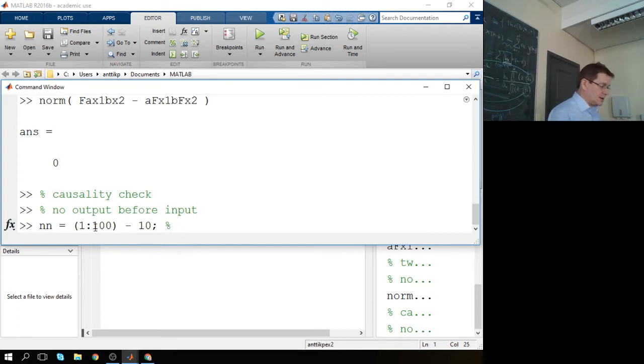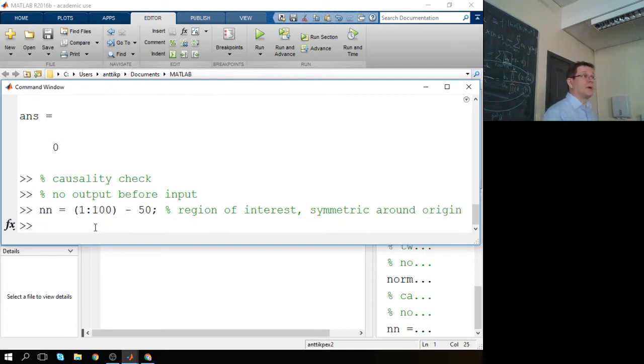So this is the region of interest. It has some values also on the negative side, or basically, let's just for fun, make it symmetrical around the origin, meaning that we have the same amount of numbers on the negative side as positive.